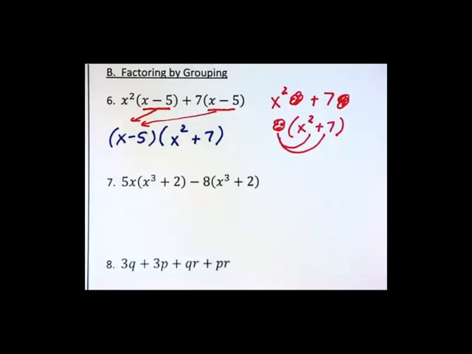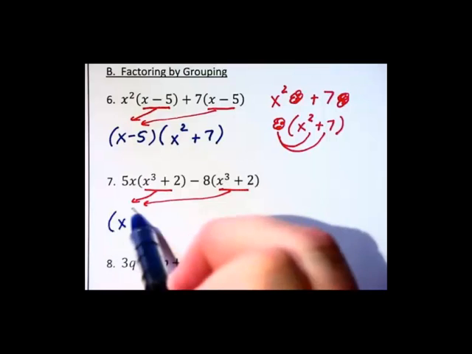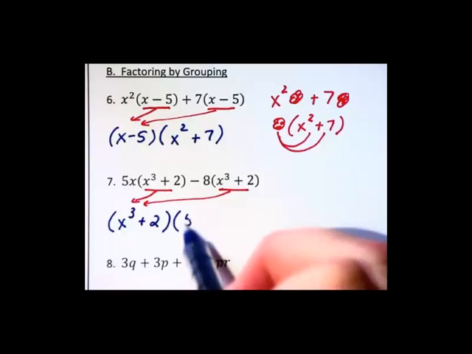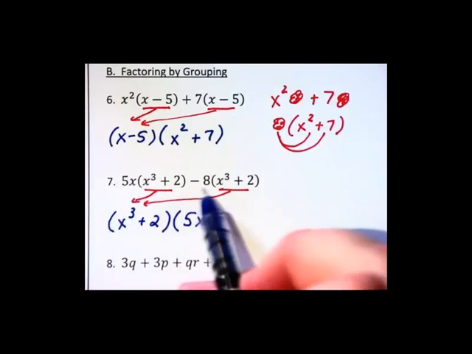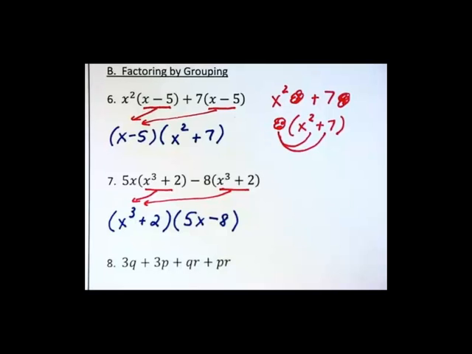In this next problem, we see an x cubed plus 2 in each half of the problem, and we're going to factor that out front or off to the right. I choose out front. x cubed plus 2 divides out, and in the first half of the problem you have 5x left over, and in the second half of the problem you have minus 8 left over. And so that would be completely factored.